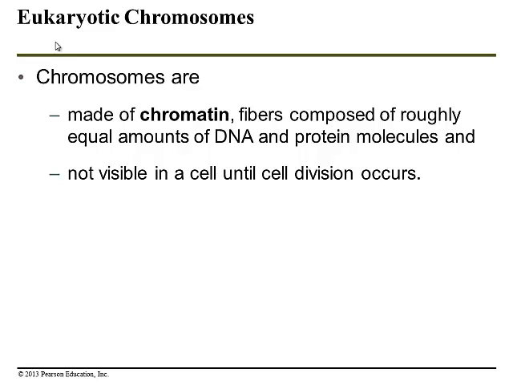We don't typically see chromosomes until cell division. So when we look at a cell under the microscope, do we see these big fat X-looking things? What do we see inside the nucleus? Well, it kind of looks like sand, right? But chromatin.